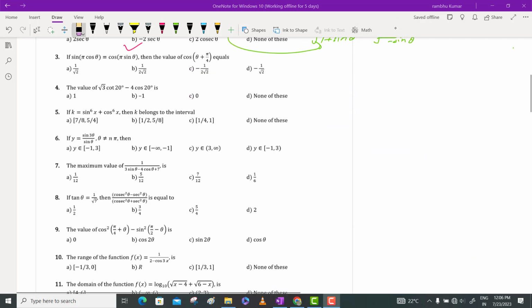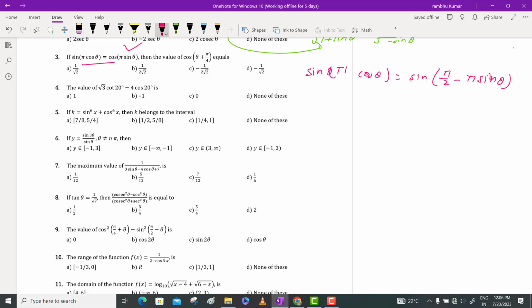Now here we can write this given expression as sin pi cos theta equal to sin of pi by 2 minus pi sin theta.